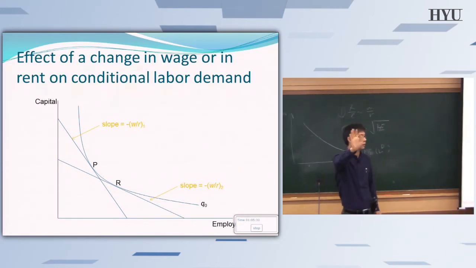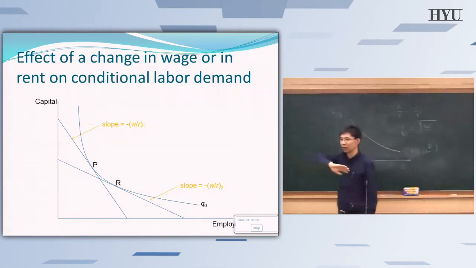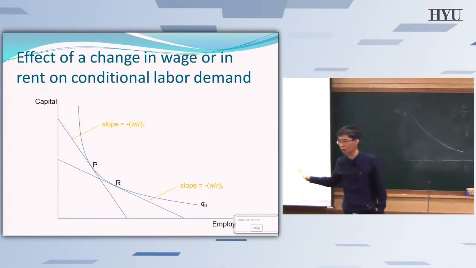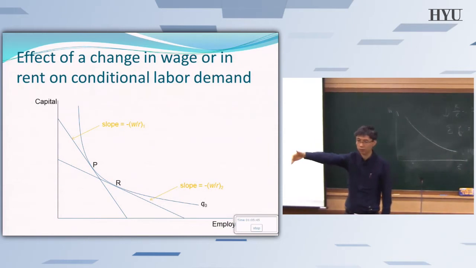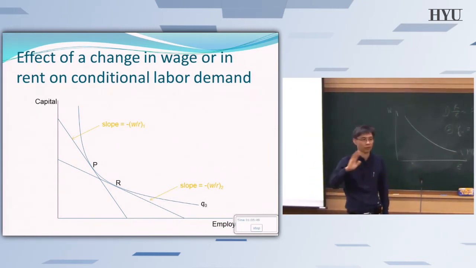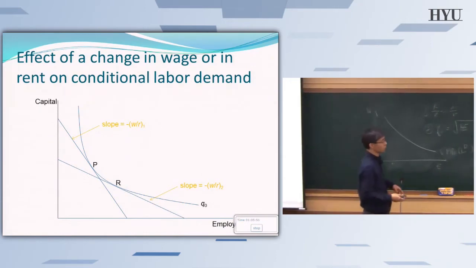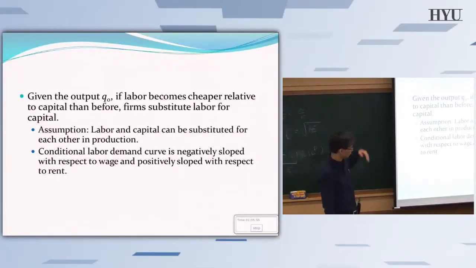Let's say capital rent doesn't change and your desired output doesn't change. Only wage goes up, then you substitute capital for labor, so labor demand falls. And the other way, labor demand increases. So in the long run, conditional labor demand is negatively sloped.